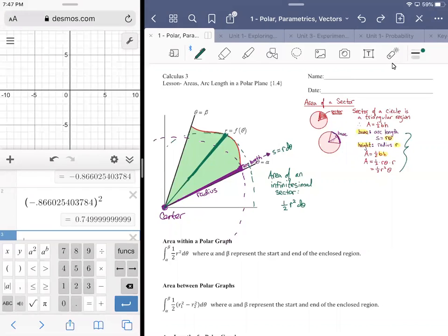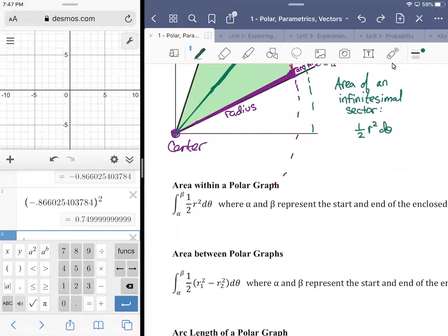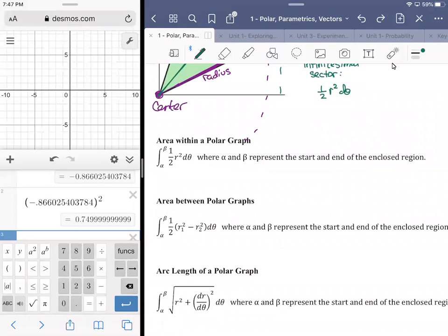Area between polar graphs, that should make a little bit more sense based off of what we just did with the first equation or expression, because all that is finding the area twice and then subtracting. It's just some clever manipulation of the formulas that allows you to make it a little bit more concise.